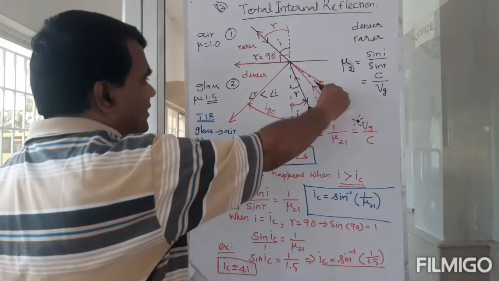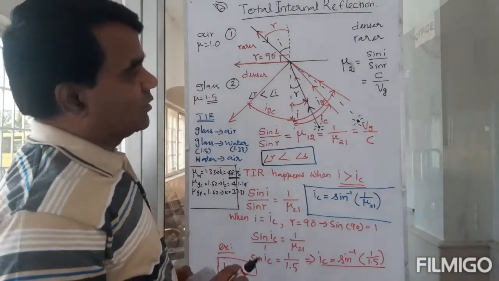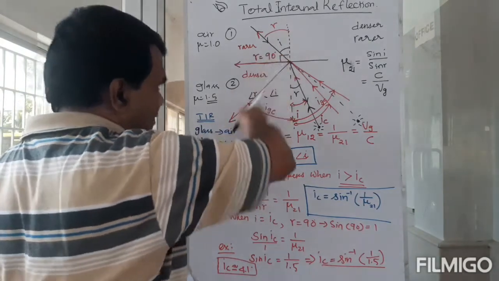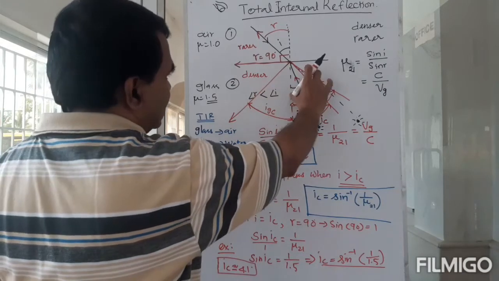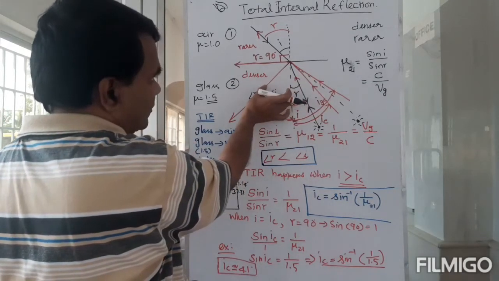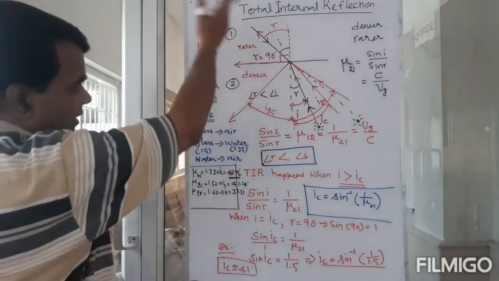So just go beyond 37.31 degrees and the light will get reflected back into the medium. And when it gets reflected back into that medium, then the angle of incidence will be equal to the angle of reflection, just like the law of reflection. Refraction won't even take place.